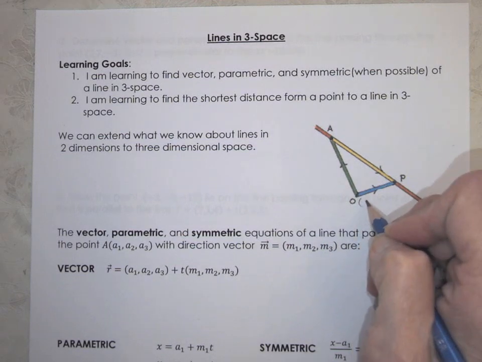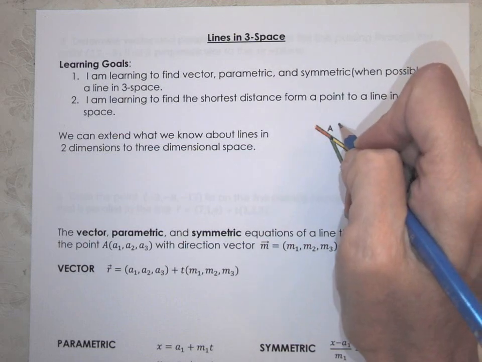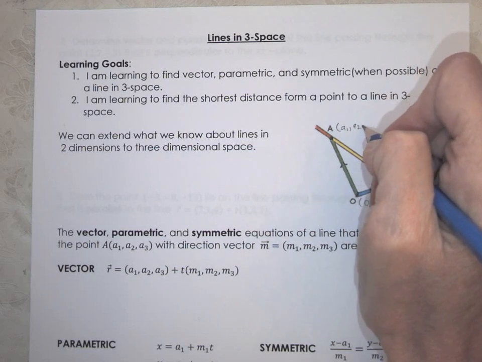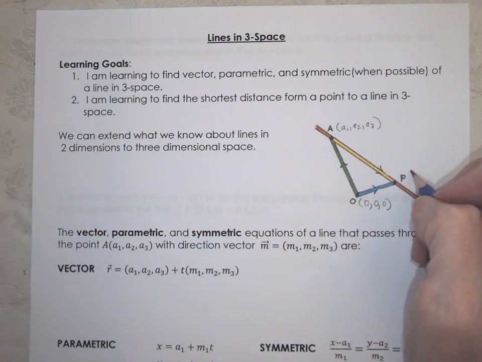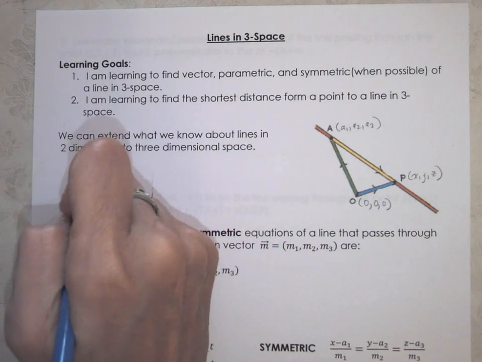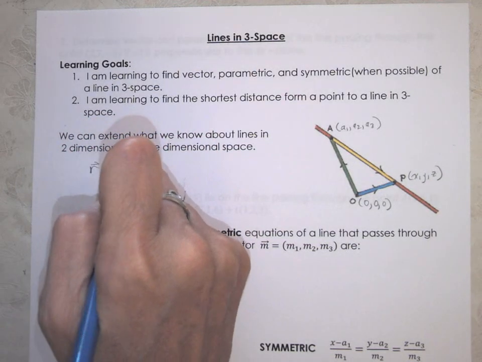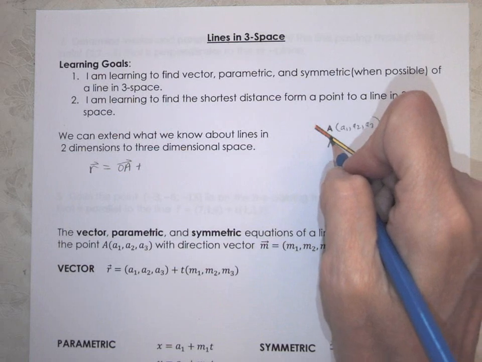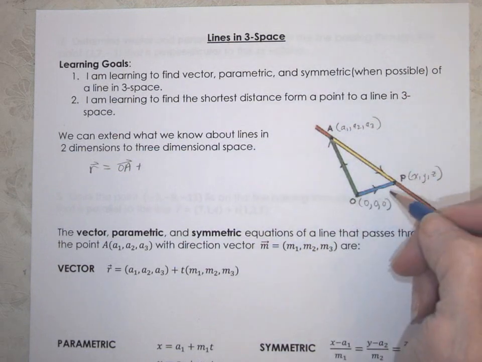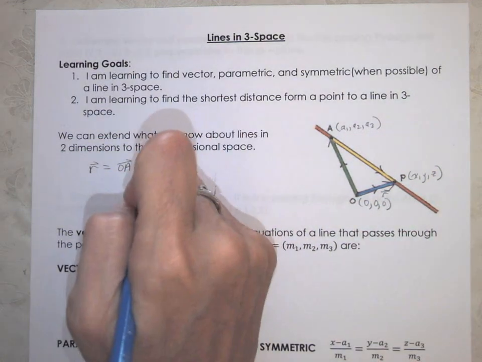So this would be our origin, 0, 0, 0. This is a point we know on the line, and it would have coordinates A1, A2, A3, X, Y, and Z. And then this is some point we don't know. And again, we can say that R, which is the vector to P, is going to be OA plus AP.